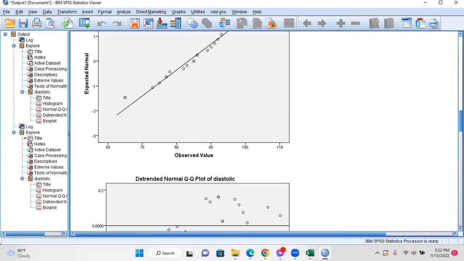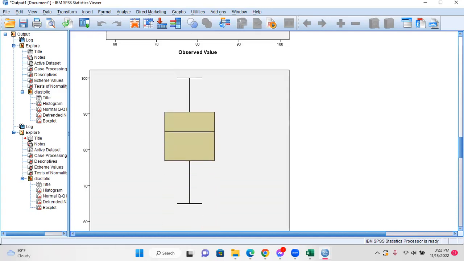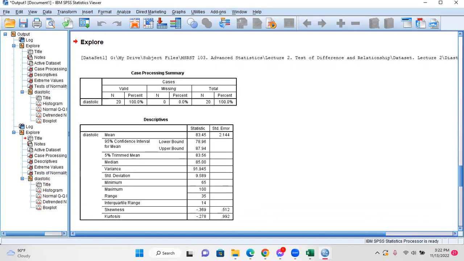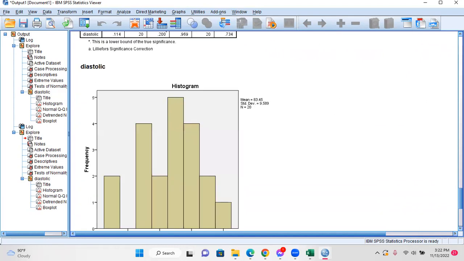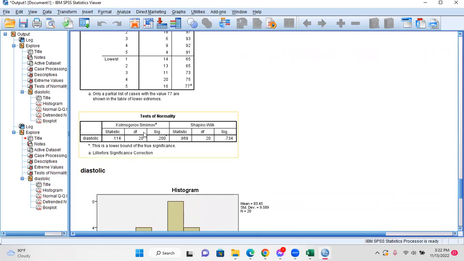Tignan natin ang test of normality. Si Shapiro-Wilk and Kolmogorov-Smirnov. If the sample size is less than 50, then we will use the Shapiro-Wilk. And if it's more than 50, then we are going to use the Kolmogorov-Smirnov.